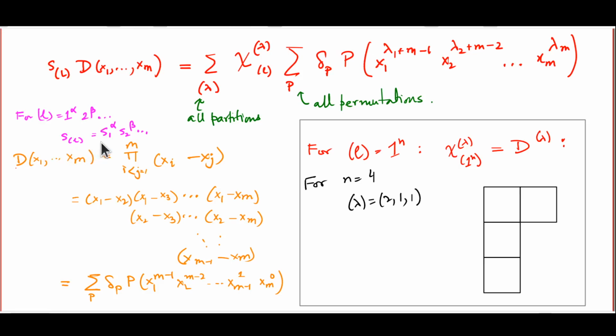For that, S_L would be S1 to the power alpha, S2 to the beta, S3 to the gamma, and so on, where Si is the sum of the ith powers of the variables involved.